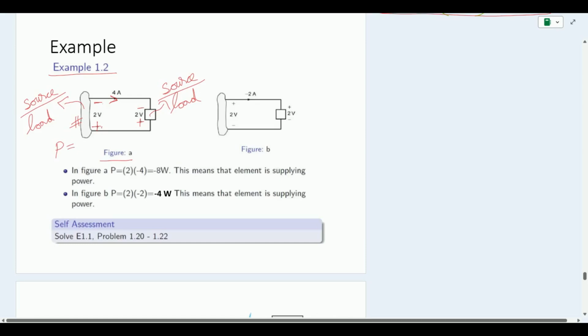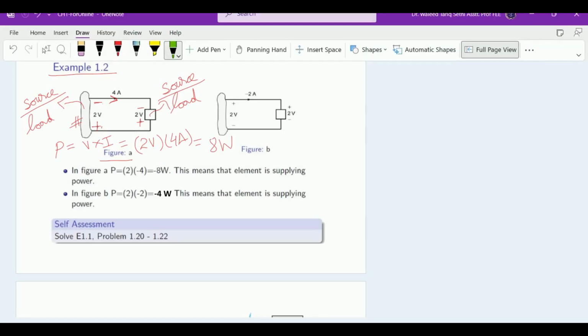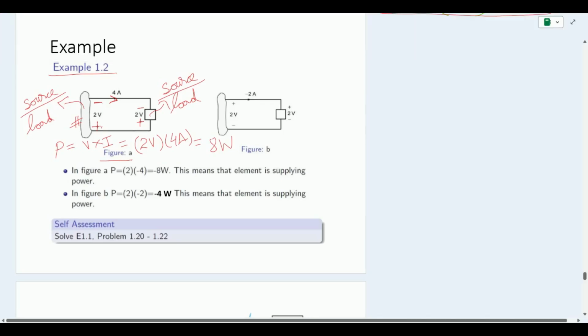So we know that power is going to be V into I. We know that the voltage is 2 volts and the current is 4 amps. Okay, so it comes out to be 8 watts, but we don't know what the sign is. What is going to be the sign for this scenario? So let us look at the direction of current and how it is moving.